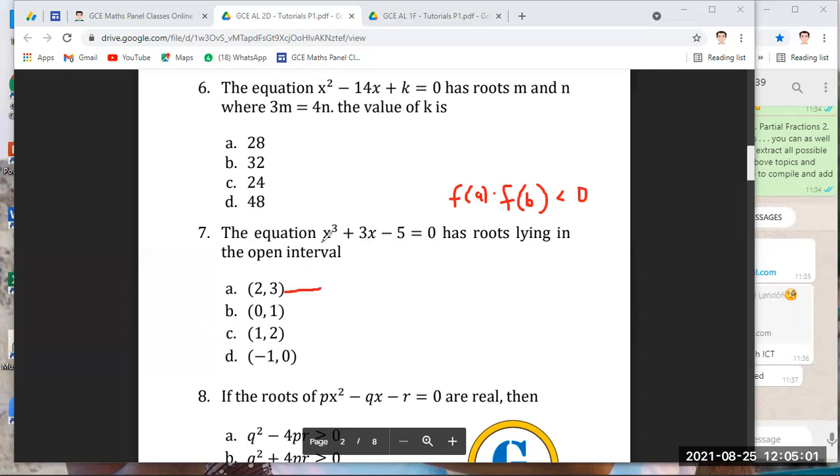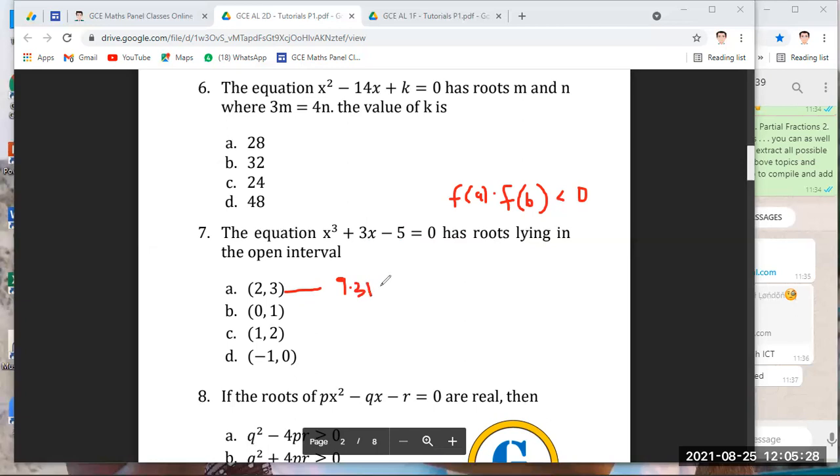So this first one, 2 to the power 3 is 8. 8 plus 3 times 2, which is 6. 8 plus 6 is 14. 14 minus 5 is 9. So we have 9 times, let's take 3 now. 3 to the power 3 is 27. Plus 3 times 3, which is 9. 27 plus 9 gives us 36. 36 minus 5 is 31.